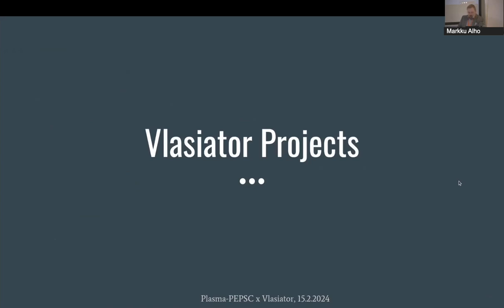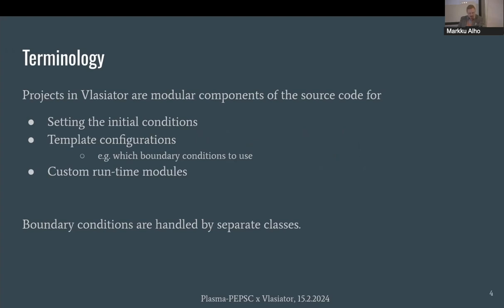So let's get into business. What are these Vlasiator projects? This is a bit of a terminological thing: the projects in Vlasiator are these modular components of the source code, and those give you the initial conditions of the run.